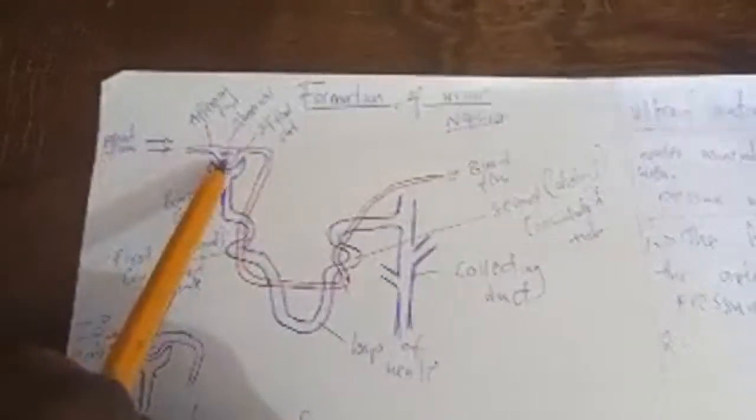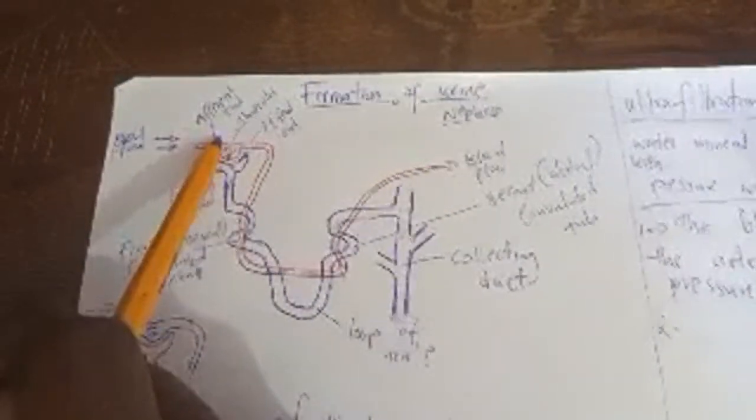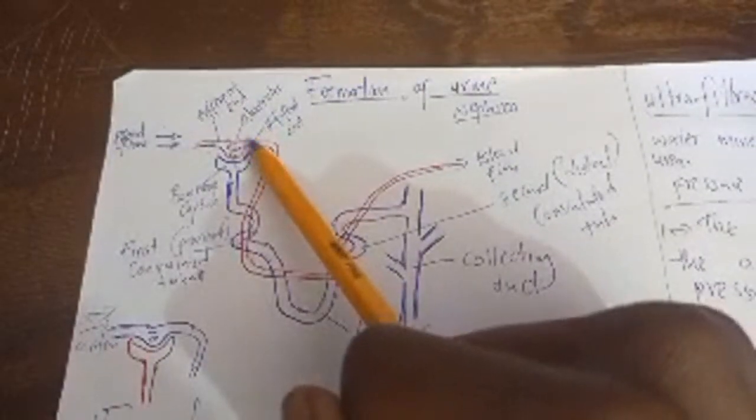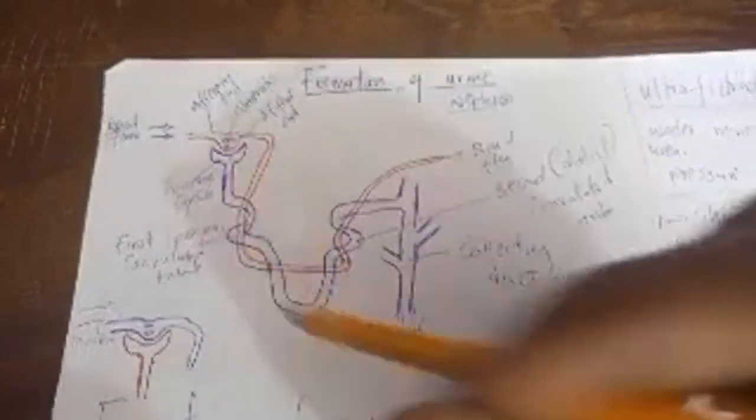So the reason why pressure is built up in the glomerulus is that the afferent end is wider than the efferent end.